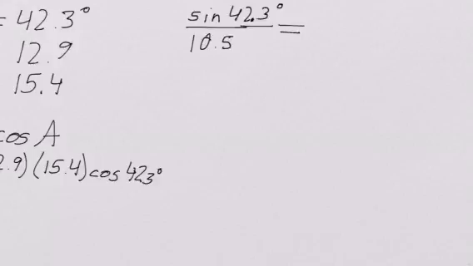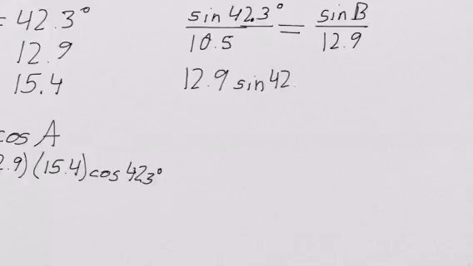And that equals the sine of B over our given 12.9. So we cross multiply, or actually what I'm going to do is go ahead and multiply both sides by 12.9. So 12.9 sine of 42.3 degrees over 10.5 is equal to the sine of B.